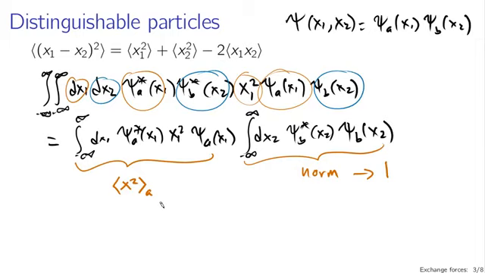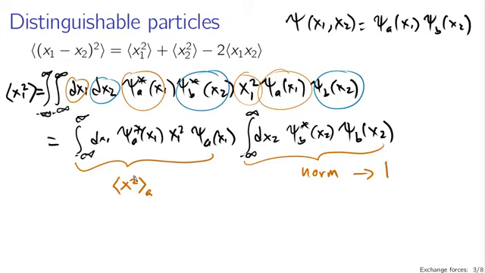So what I started with here, the expected value of x1 squared in my overall state, just becomes the expected value of x squared in the state a. Essentially, this more complicated expression becomes a slightly less complicated expression.